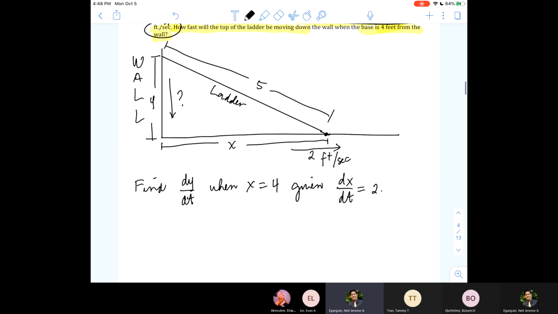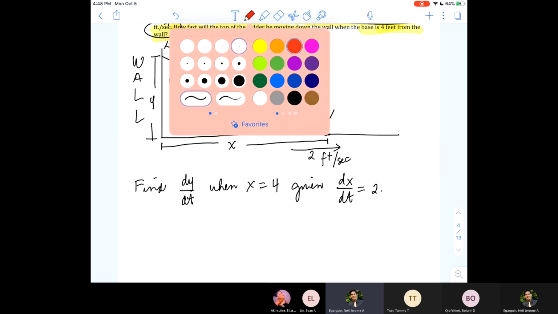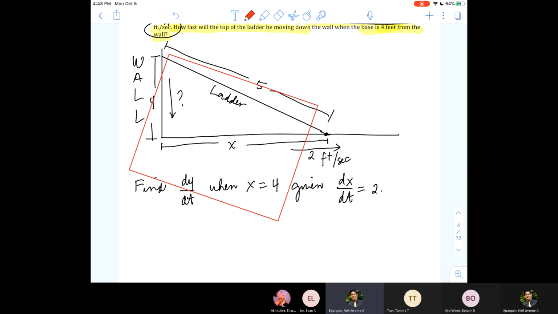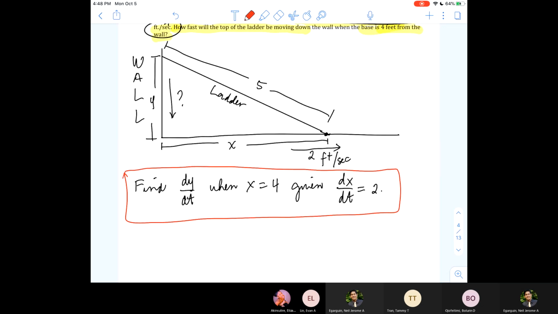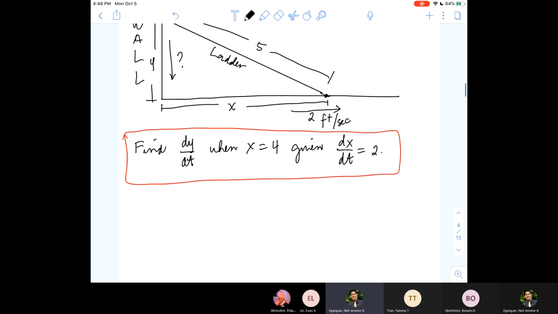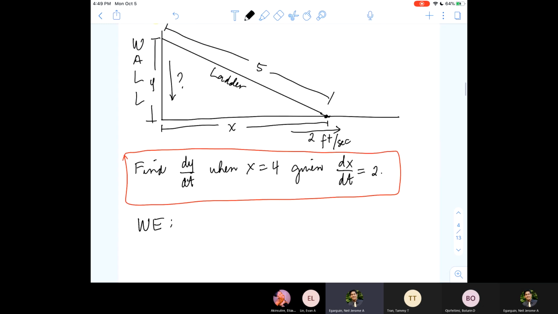Okay. So this is our mathematical sentence, and hopefully from here we can discern what the working equation is. So here we need to have a working equation that relates what? x and y, right? But what do we have here?